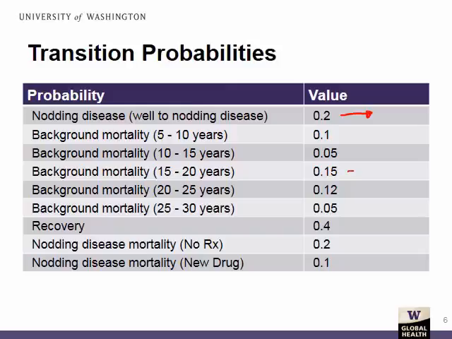So you have the different background mortalities. These are very high mortalities actually, but we're using this for an example. For every cycle, 40% of people with nodding disease recover. The nodding disease mortality without treatment is 20%, and with the new drug it reduces to just 10%. So these are the data that we are given for this particular example.